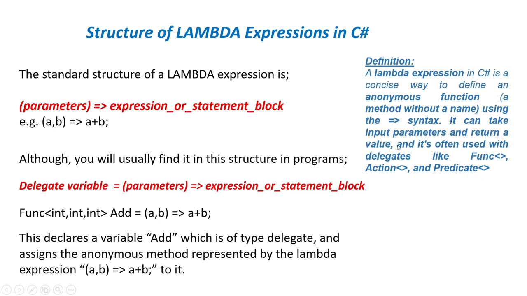A lambda expression can take input parameters and return a value. And it is often used with delegates, like I said, such as Func, Action, and Predicate. These are the three most important inbuilt delegates within C#, and we are going to look at them as we progress in this video.